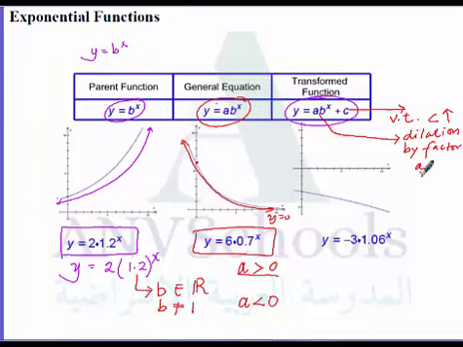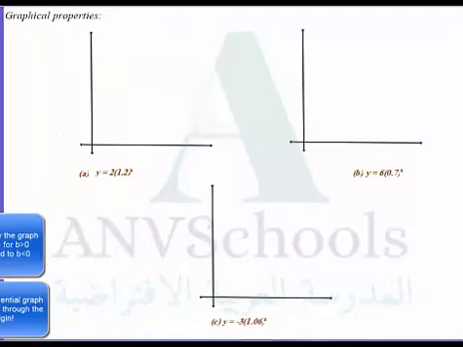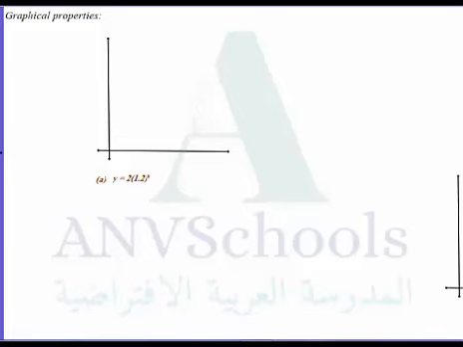Okay. Now let us investigate the individual graphs and individual exponential functions. So let's move on. Let us begin with the most basic, the parent function y is equal to b raised to x.